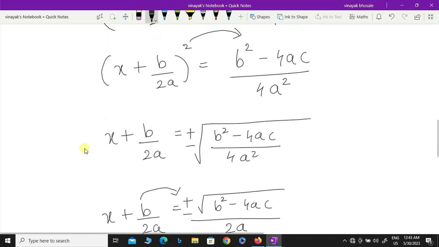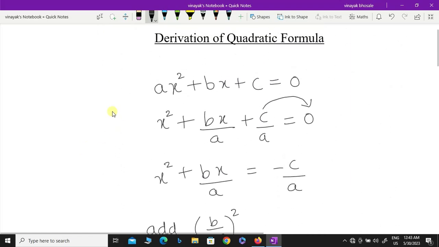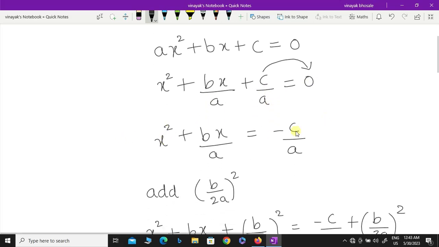So let's quickly go through what we did. Here I took the general quadratic equation and divided all these terms by a. So it's going to be x squared plus bx by a plus c by a equals 0. And I'm going to shift this term to the right, so it's going to be minus c by a, and the rest of the terms remain the same.